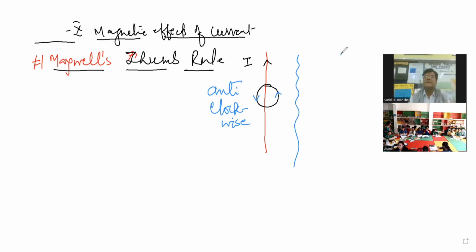Similarly, if you take another wire, in that, let us assume current is going down, I, and then if you draw a circle around the wire, this arrow is clockwise.